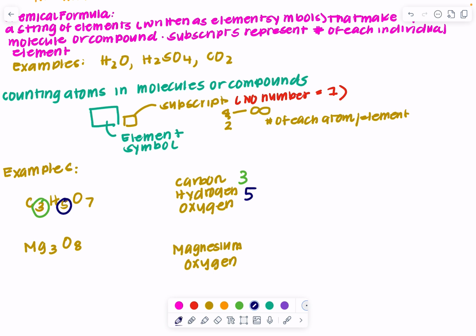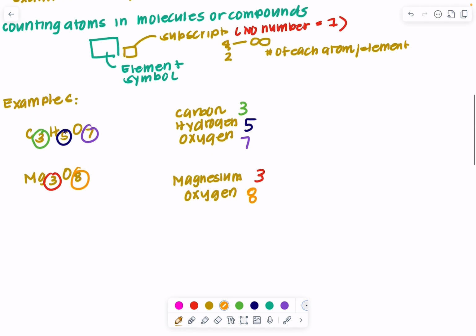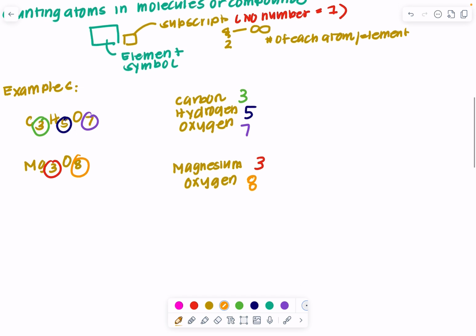Hydrogen has 5. Oxygen has 7. So you match the element symbol with the correct element, and the subscript tells you how many it has. So very, very simple. Now, this is the first of 3 parts of this lesson.